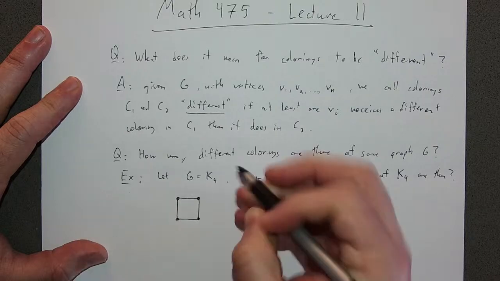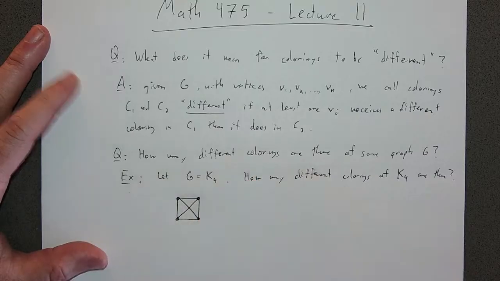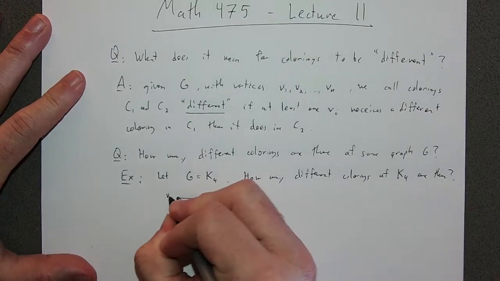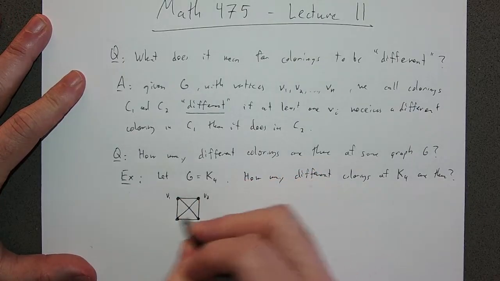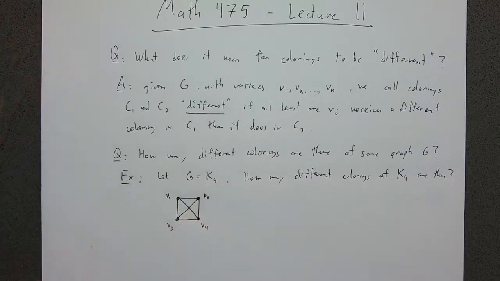But here's K4. Every vertex has degree 3. We'll say this is v1, this is v2, this is v3, and v4. So here's our graph. How many different colorings are there?